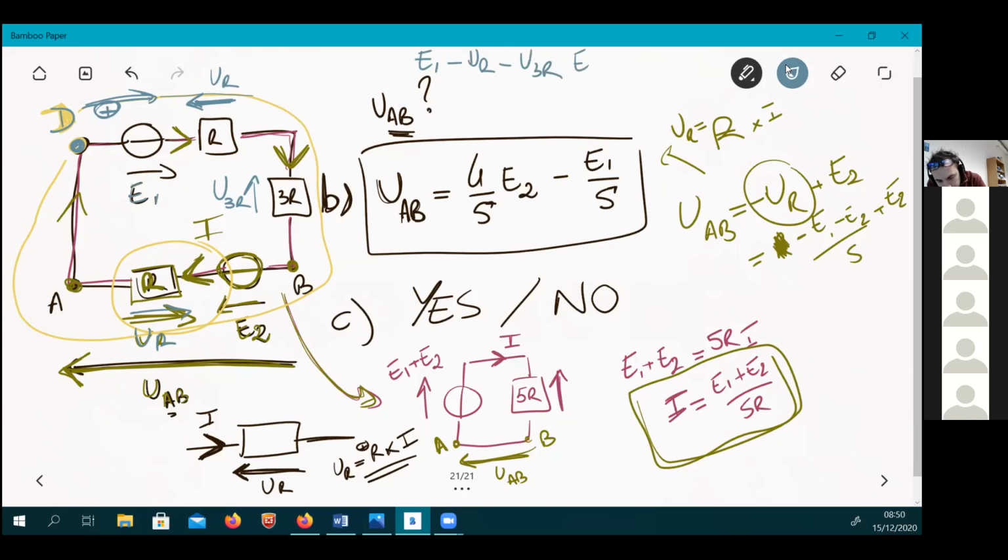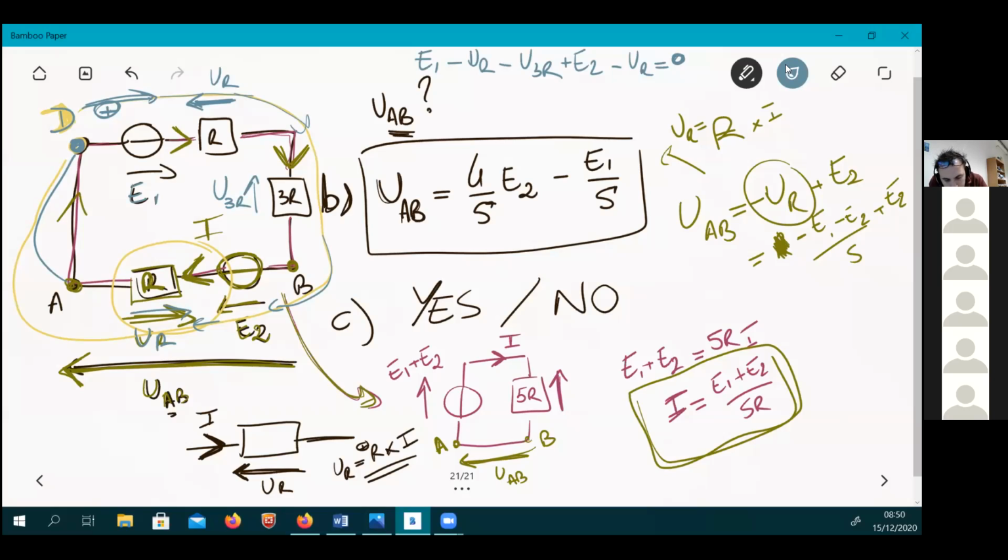E2 is in the same direction. Then you keep flowing in this way, and you face UR, which is in the opposite direction. And then you end up at D. So you end up with your mesh law equals to 0.